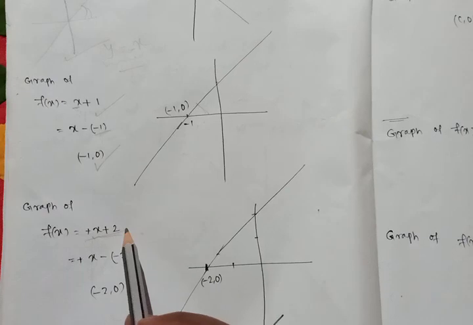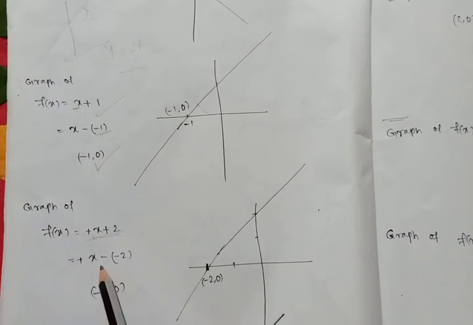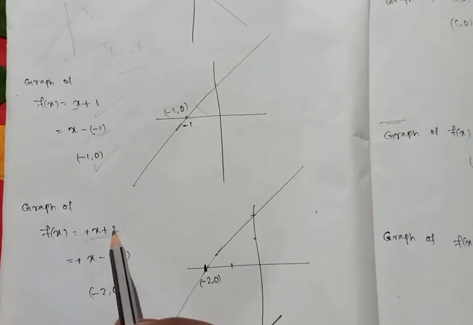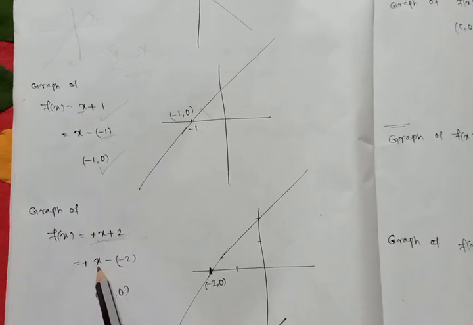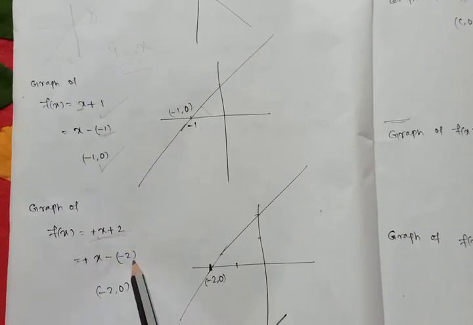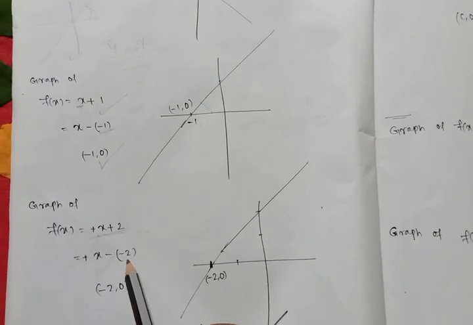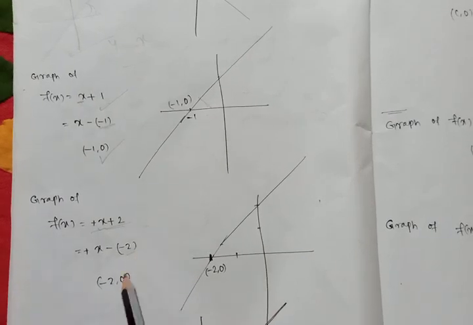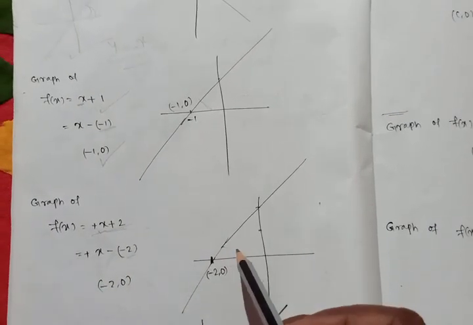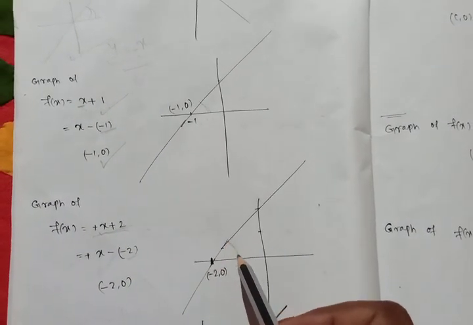Try to write it as x minus something. Here we have x plus 2, so it will be x minus minus 2. So in place of something, we get minus 2. That means the straight line will be passing through (minus 2, 0) and makes an angle of 45 degrees with the x-axis. Here it is. Okay.